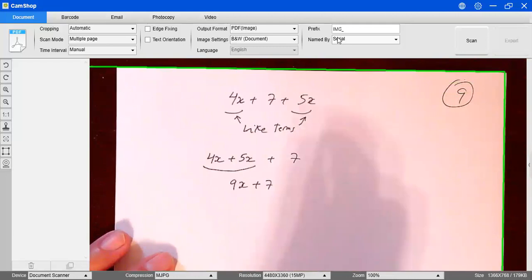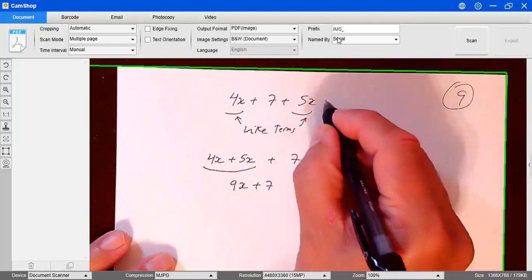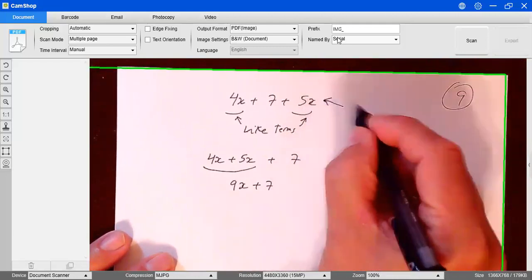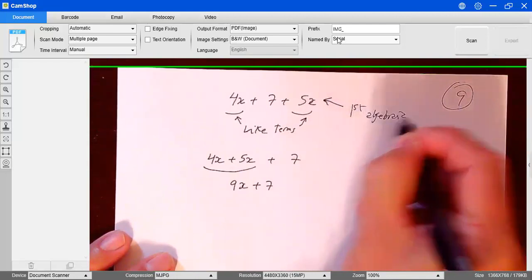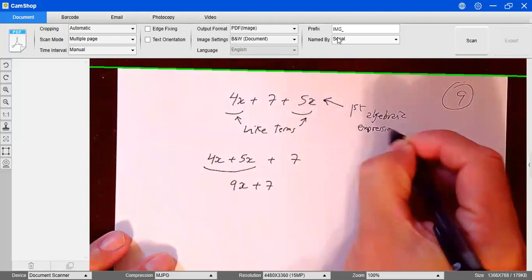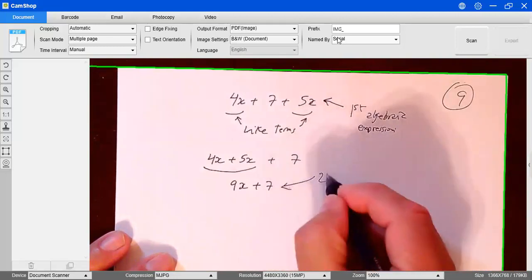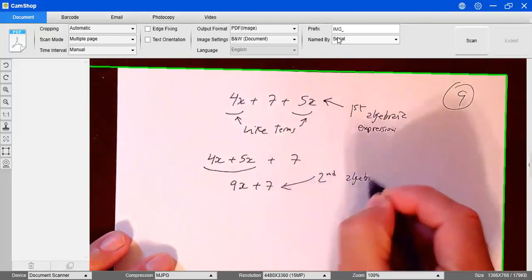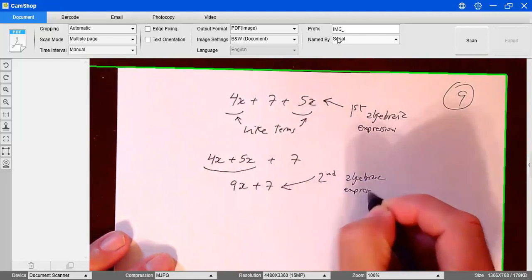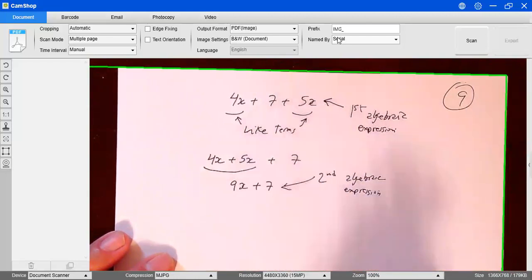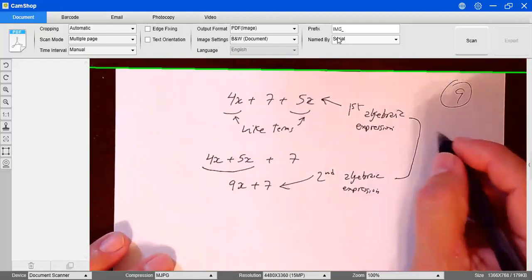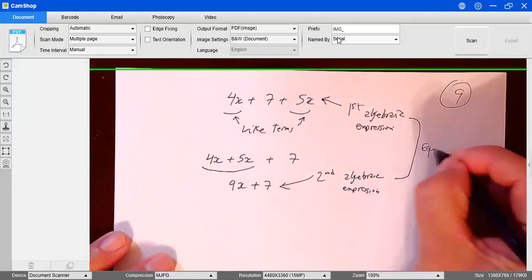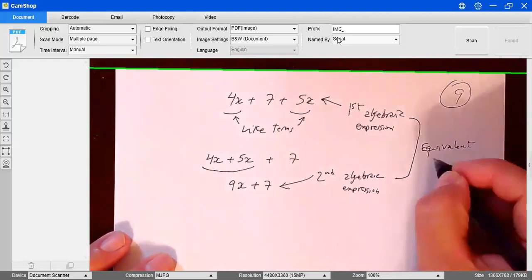So now I have two algebraic expressions. This is my first algebraic expression, and this is my second algebraic expression that resulted from combining like terms, and these two are equivalent algebraic expressions.